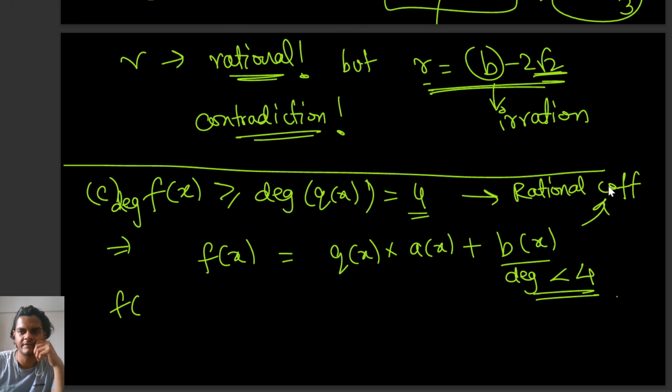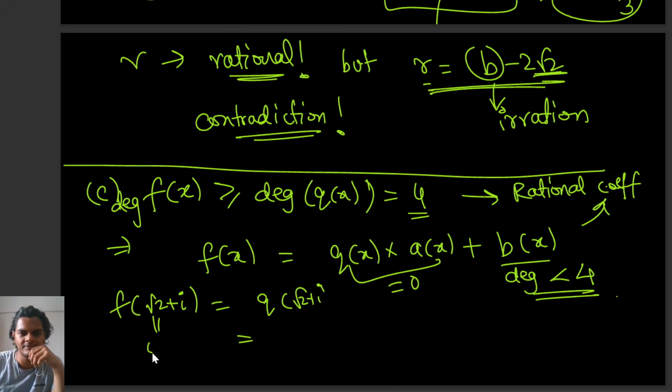But if you take root 2 plus i, you will get f is 0, q at root 2 plus i is 0, and this is also 0. But 0 is equal to what? b of root 2 plus i.